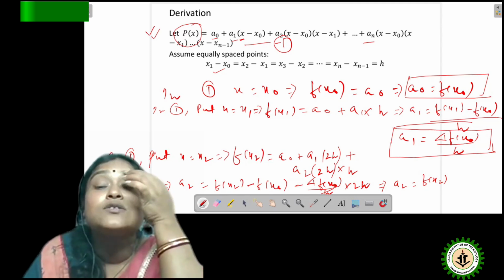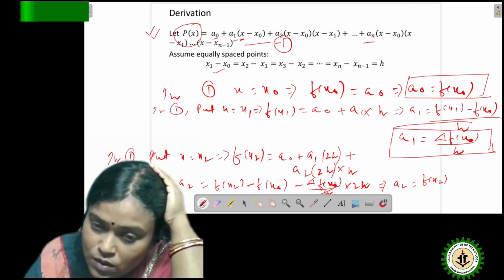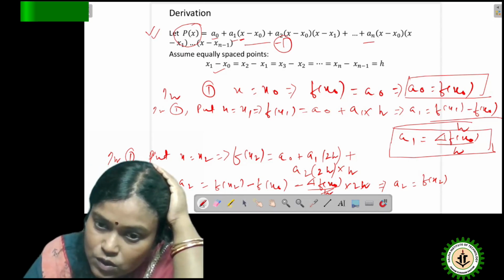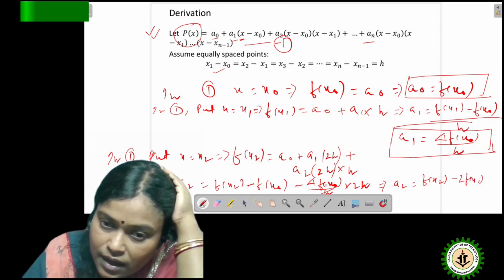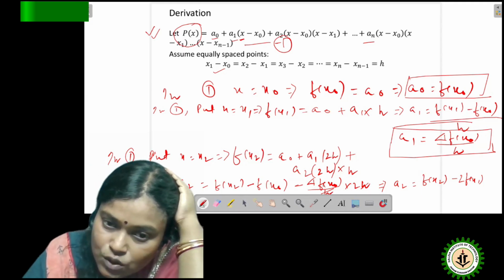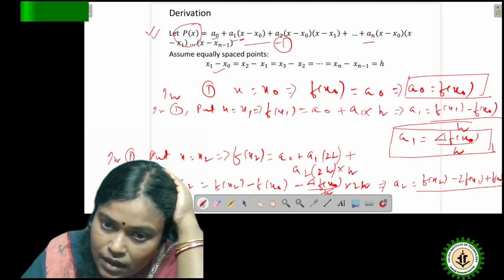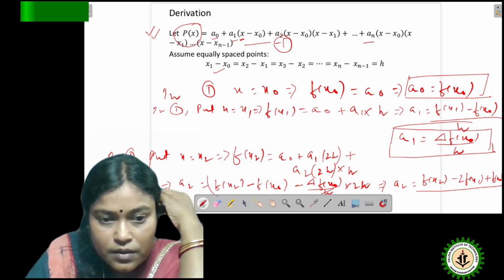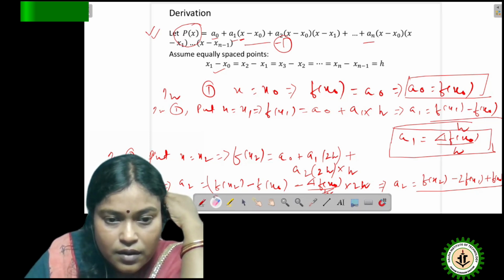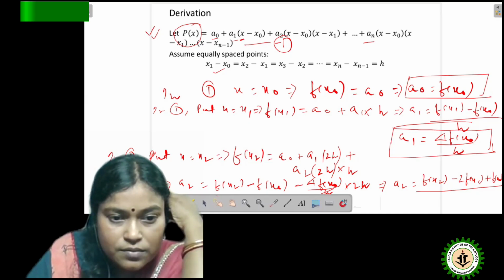So delta f of x naught, again if I put the value, this will be f of x1 minus f of x naught. So f of x2 minus 2 f of x1, and here minus minus plus 2 f of x naught minus f of x naught, that is plus f of x naught by, here I have 2h square.